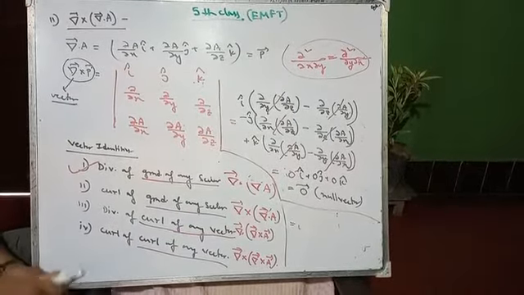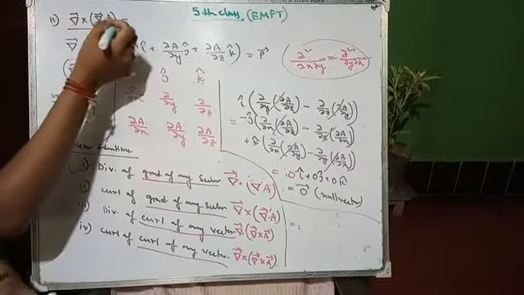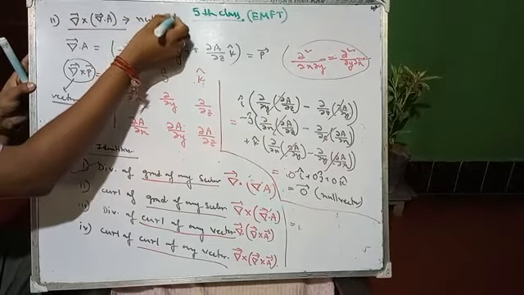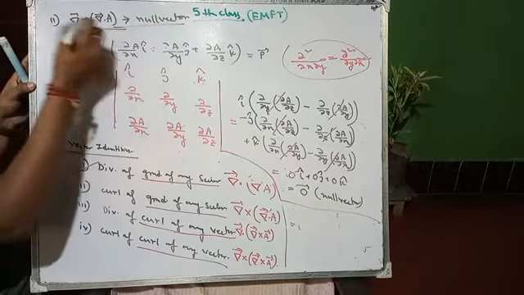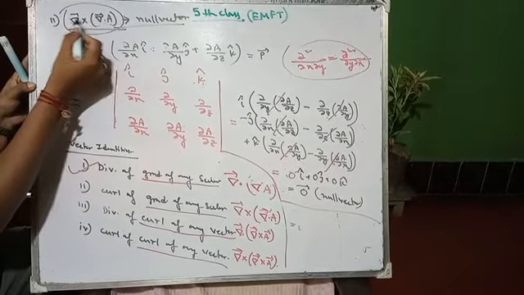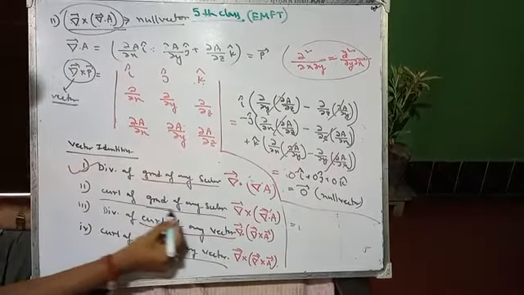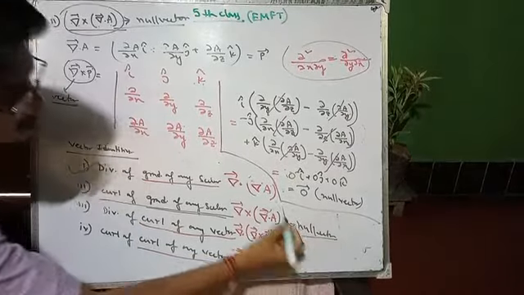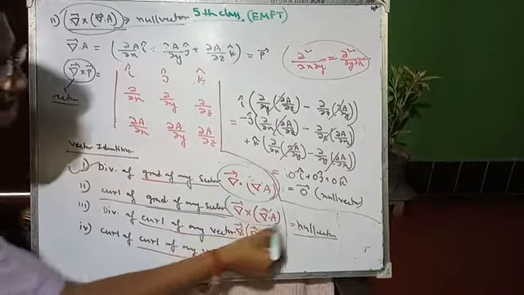So always remember, curl of gradient of any scalar results in a null vector. This is our conclusion. So here it is the Laplacian, here it is the null vector.